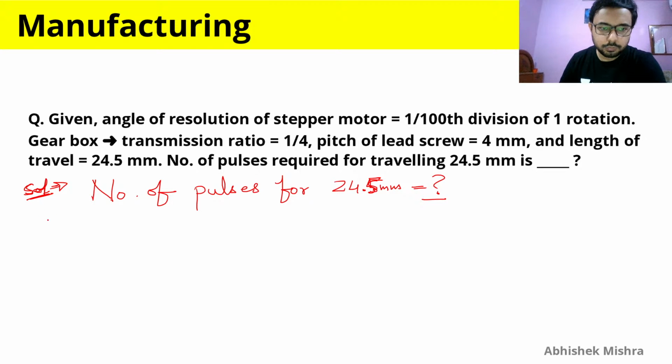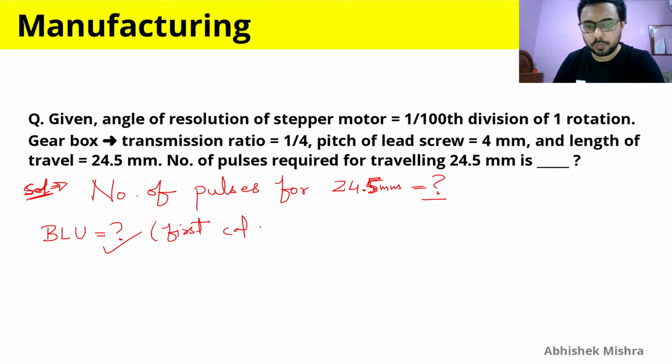Now, the basic length unit we have to calculate first. Why are we calculating it? Because the basic length unit is mm per pulse.